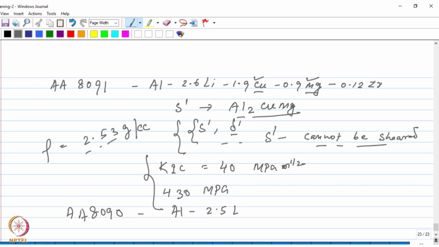Although the lithium remains almost the same, copper here is around 1.3%, unlike the 8090 where it was 1.9%. Magnesium also remains almost the same. So does zirconium.